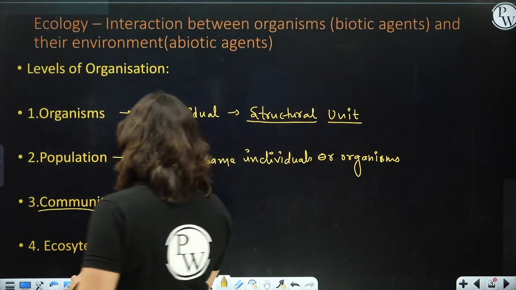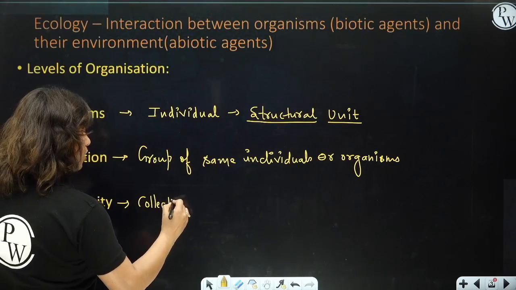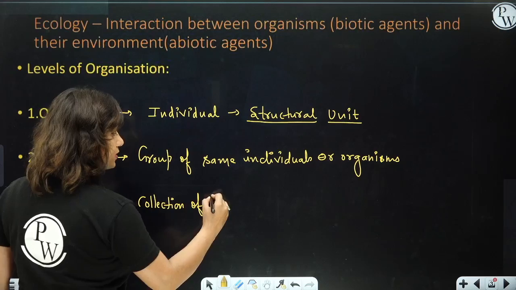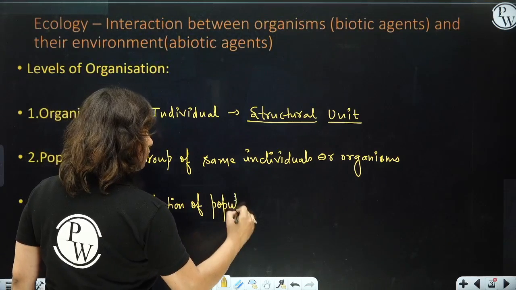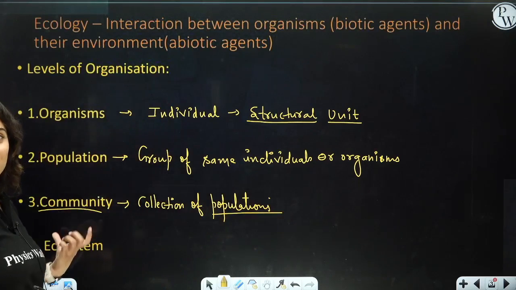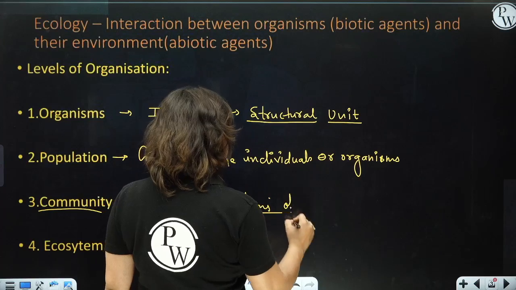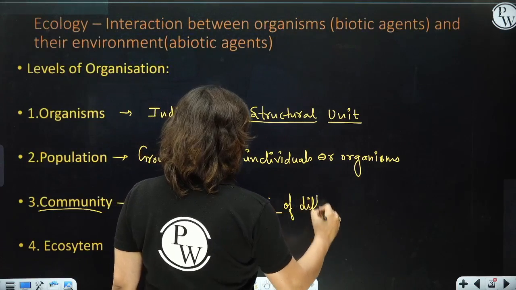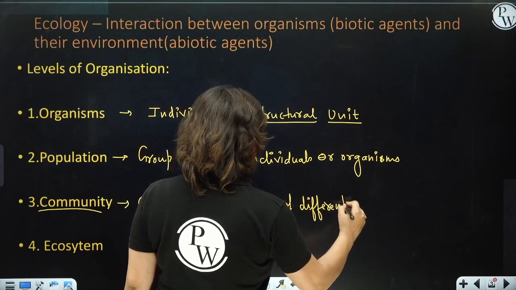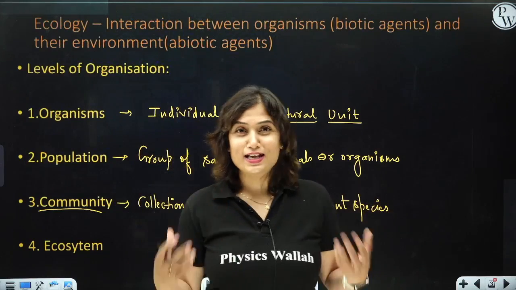Now, what is a community? A community is the collection of populations. When different types of populations interact with each other, it forms a community. So it's a collection of populations of different species. Suppose in a forest there is a tiger population and a deer population.